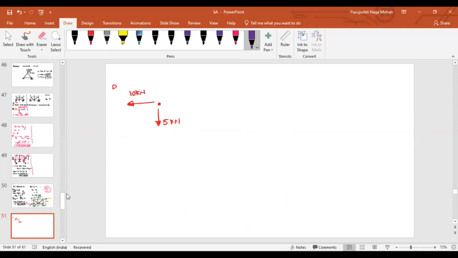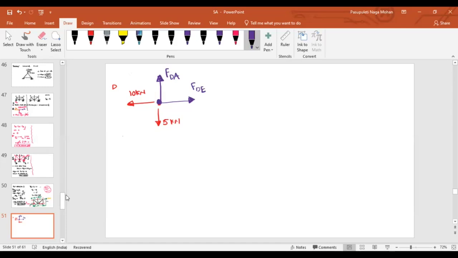If member AD is under tension, then I will draw a line along the line of action, and then I will represent a force away from the joint. So this is my force in the member FDA. Similarly, for finding the force in the member DE, I will draw a line along the member, and then I will represent an arrow away from the joint. So this is my force in the member FDE.